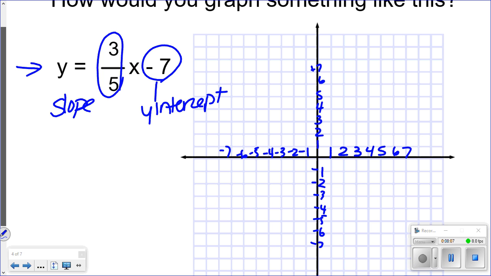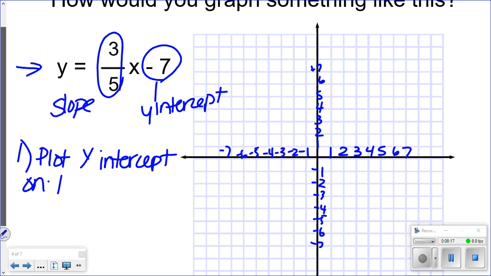Alright, so this is what I'm going to do. First thing, I'm going to plot my y-intercept on the y-axis. If you remember, this is the x, this is the y.